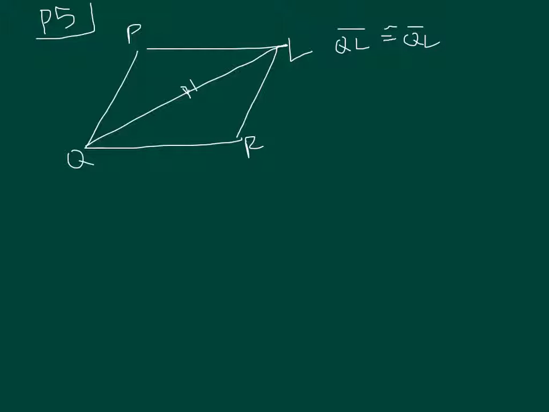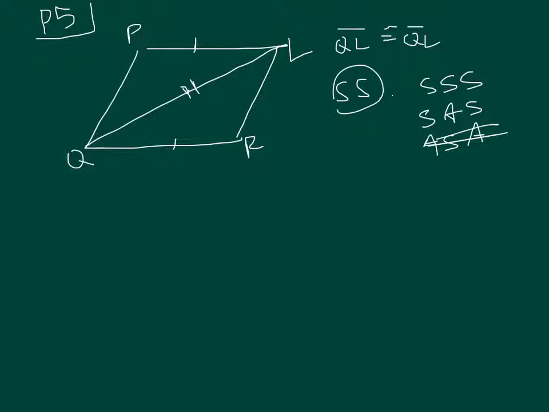So we've got that. What else do we have? So I'll give you another one. In the problem it says PL is congruent to RQ, right? So we've got the two sides. So maybe we can do either SSS or SAS. We don't use ASA because we don't have two angles. So the reason that those two triangles are congruent is either SSS or SAS.